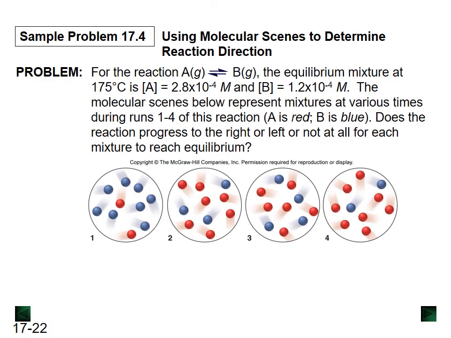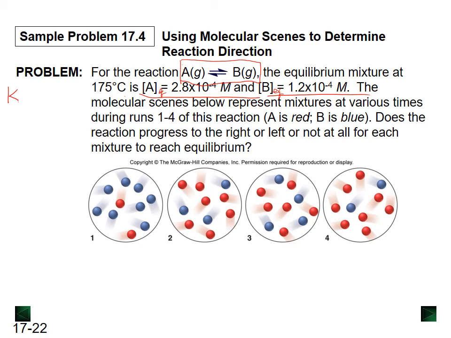Sample problem 17.4. For the reaction A goes to B, and B also goes back to A, the equilibrium mixture at 175 degrees is shown. Note that these are equilibrium concentrations: A at equilibrium is 2.8 times 10 to the minus 4, and B at equilibrium is given too. With these two, we can immediately calculate the equilibrium constant.